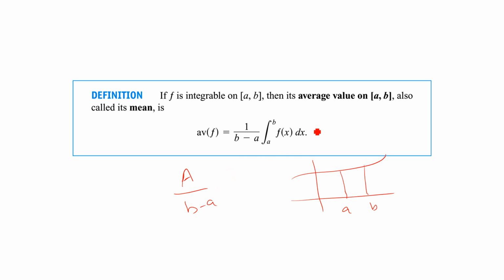So that is area over b minus a. So you just have to remember this definition: the average value of a function on the closed interval AB is the integral of f(x) dx from a to b divided by the length of the interval. And of course this is very important, that f is integrable.